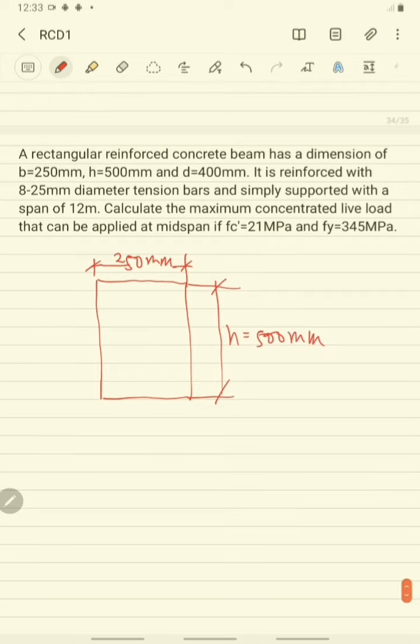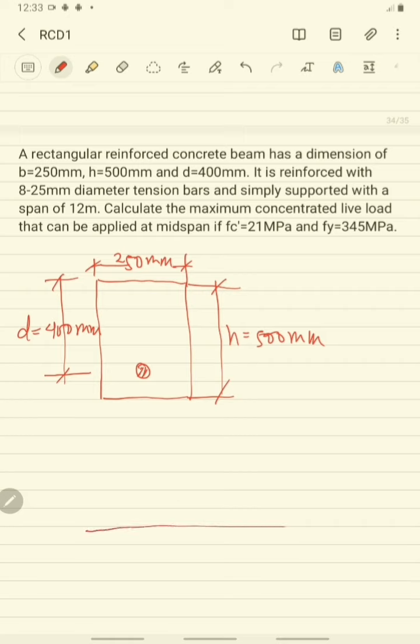Since this beam is a simply supported beam, the tension is at the bottom. So your tension bars will be placed at the bottom. So this is the d, from the centroid of your bars to the extreme fiber of your beam, that is your effective depth, which is equal to 400 mm.